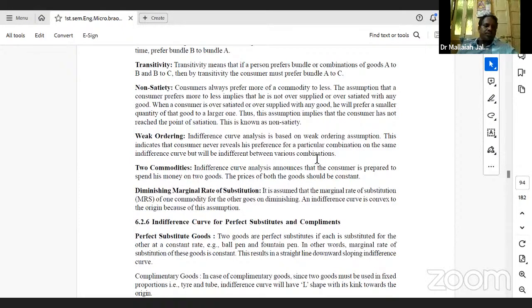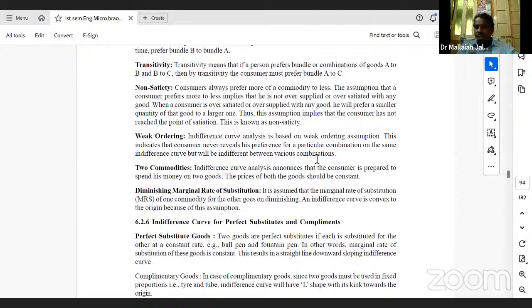And a diminishing marginal rate of substitution. Diminishing marginal rate of substitution. When we are substituting one commodity for another commodity, that marginal rate of substitution is decreasing.